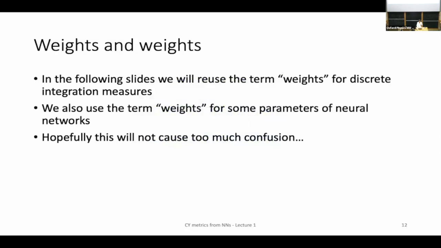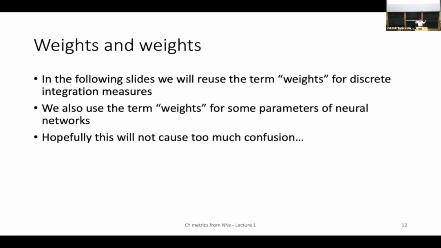However, first I should say something about notation confusion. What James called mass for the points that are in our sample, I will call weights, because that's another term that is used in the literature. Now, I will talk about weights here for the point sample, and then we will talk about neural networks, and there are weights there as well. This kind of confusion is very common when you're doing something that is a bit interdisciplinary.